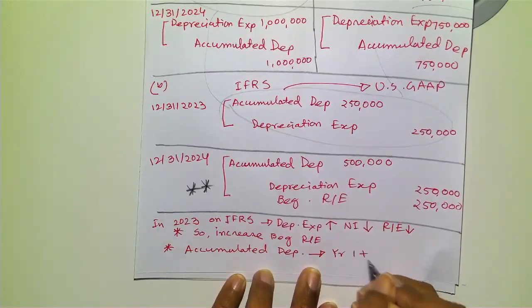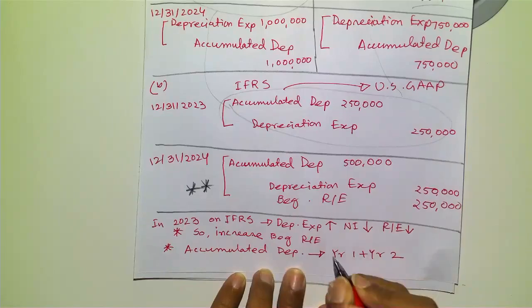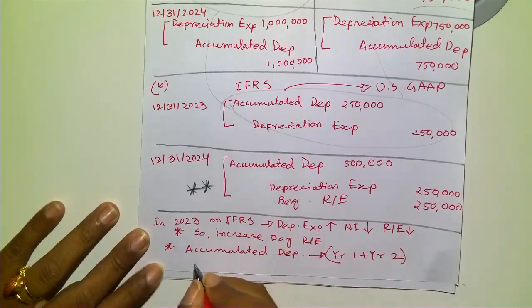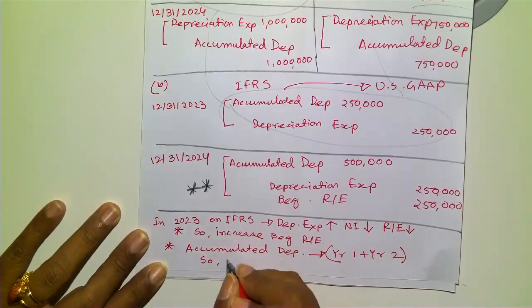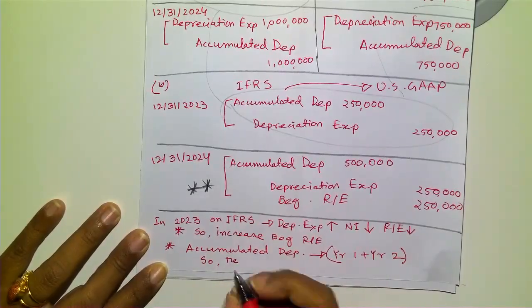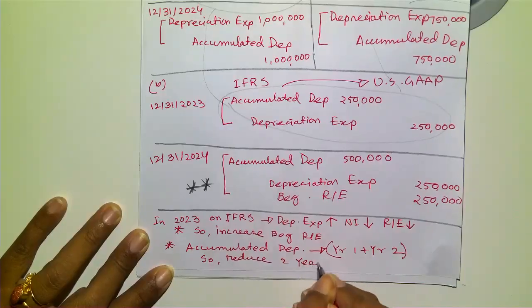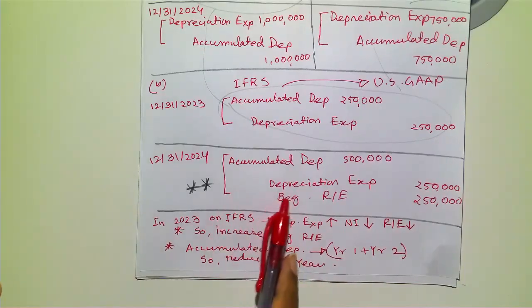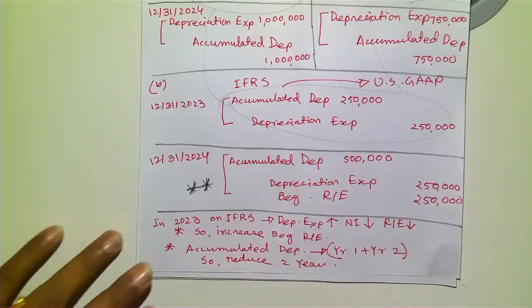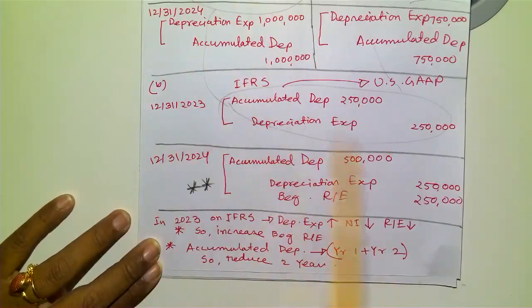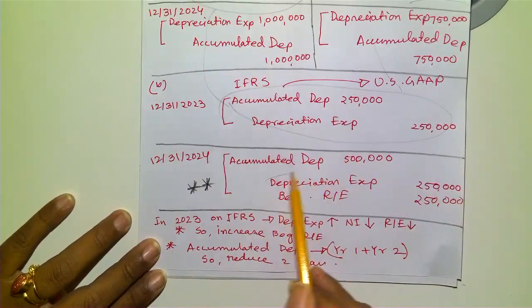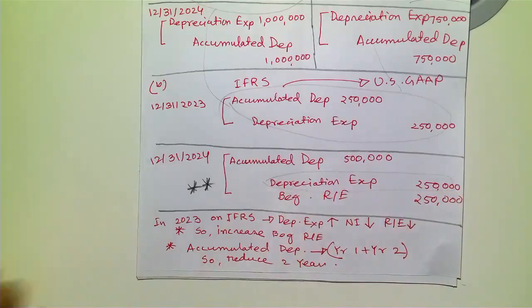Year 1 plus year 2. Reduce 2 years. It's cumulated. Reduce 2 years. And then the depreciation expense, I don't have any notes because you already know this is very straightforward. I'm only showing 2024's depreciation difference.